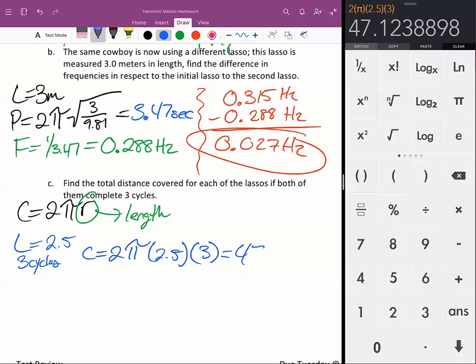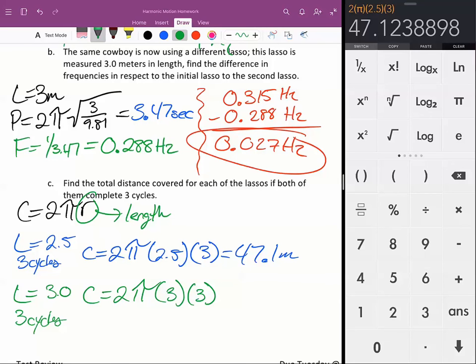Now for the second lasso, the length was 3 meters for 3 cycles as well. So the circumference, 2 pi times 3 and then 3 cycles, gives us 56.5 meters.